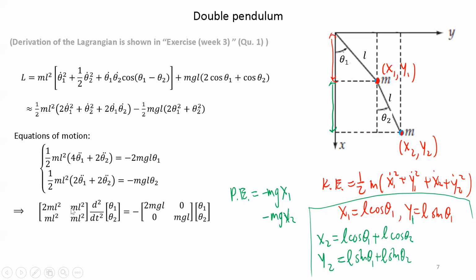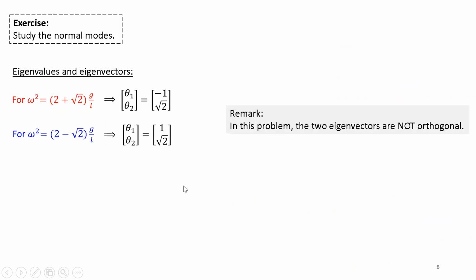You can always move it to the right-hand side just by multiplying by an inverse, right? So then this is the form that we like, right? So after you get to this form, no need to worry, but just do the same procedure. Okay. And you will find that the eigenvalues and the eigenvectors are given here.